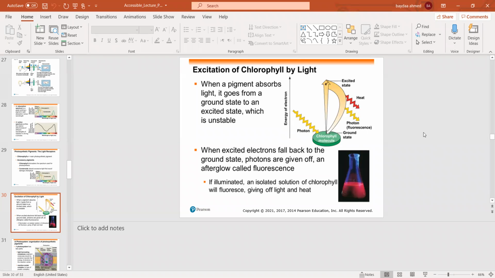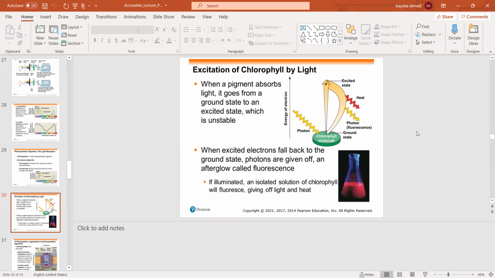What exactly happens when chlorophyll and other pigments absorb light? The colors corresponding to the absorbed wavelengths disappear from the spectrum of the transmitted or reflected light, but energy cannot disappear.